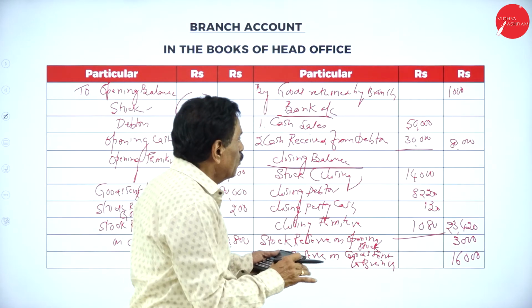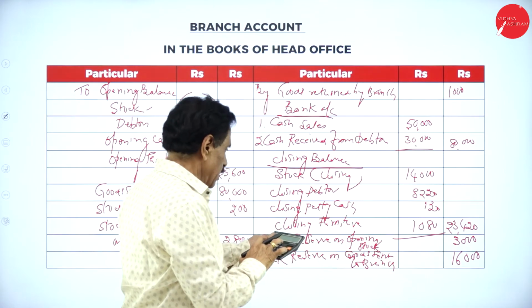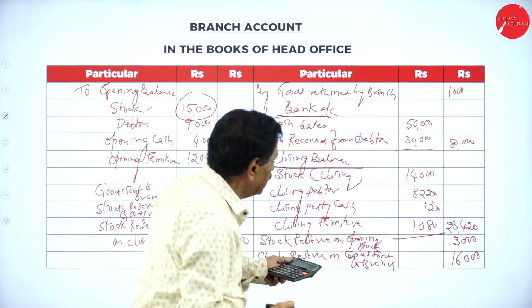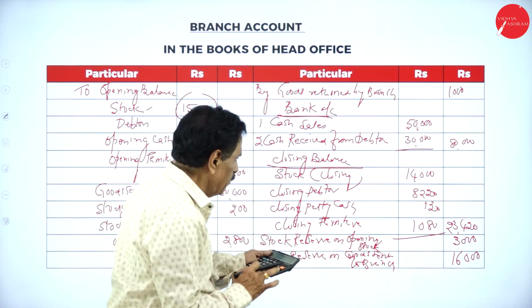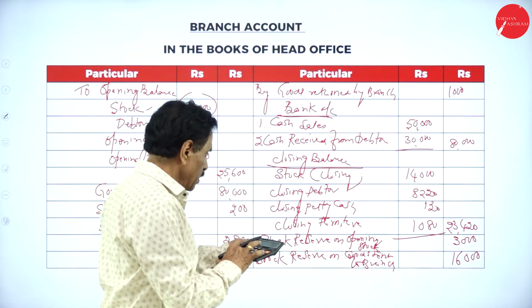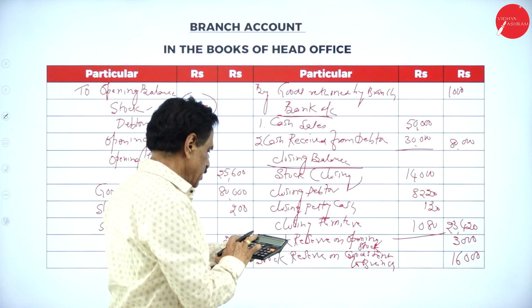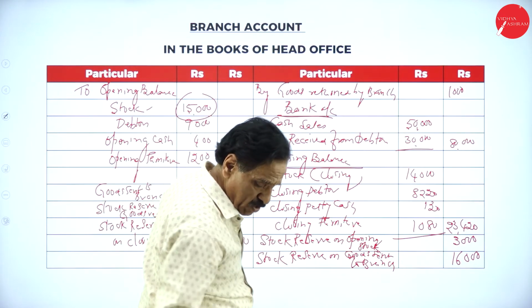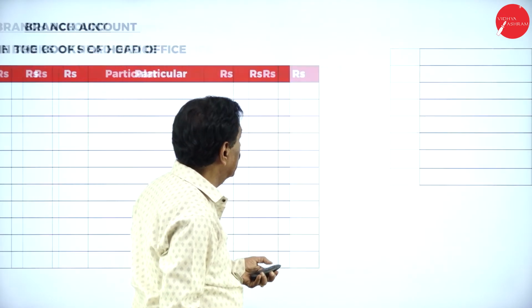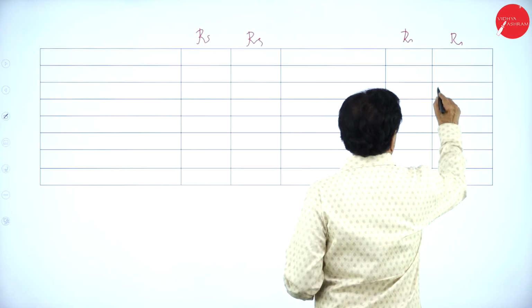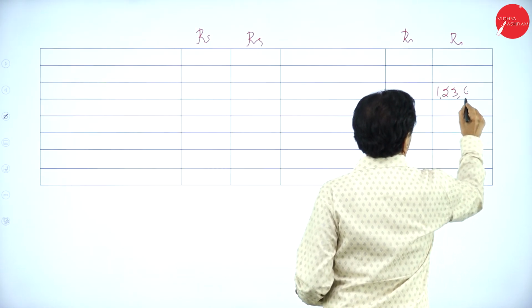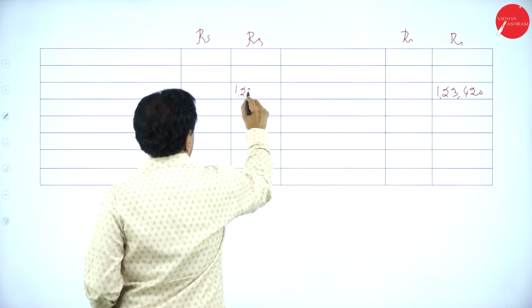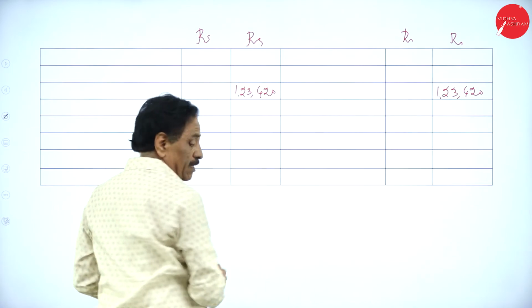This is 1,000 plus 80,000 plus 23,420 plus 3,000 plus 16,000. 1,23,420. We check once again.